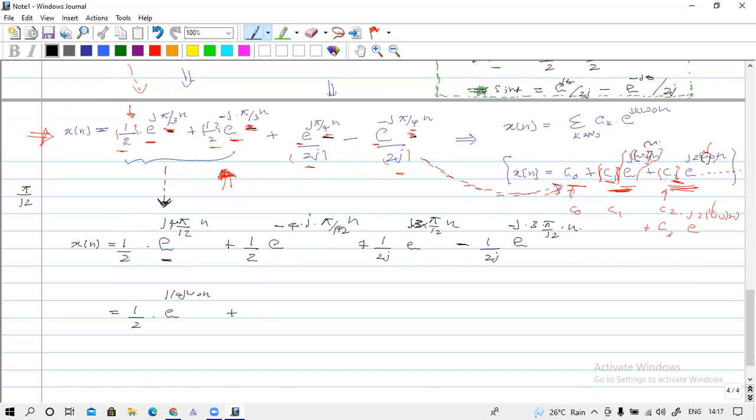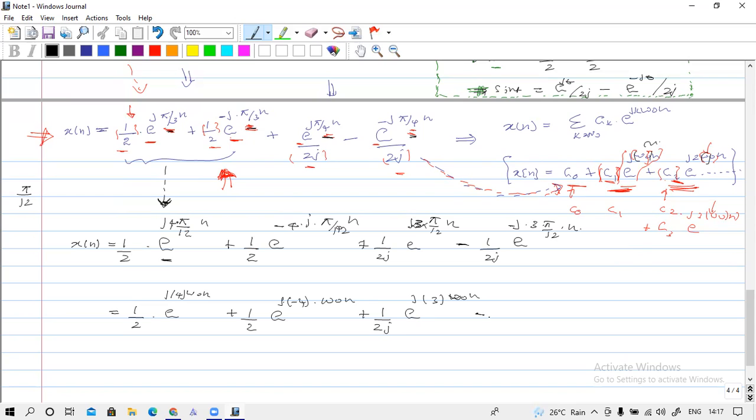Plus half e to the power minus j4 omega naught n, plus 1 by 2j e to the power j3 omega naught n, correct?